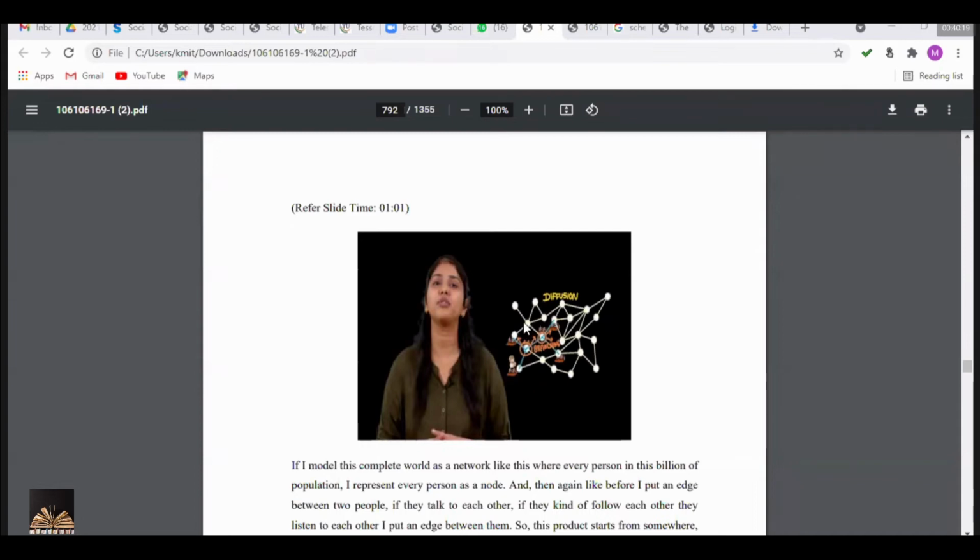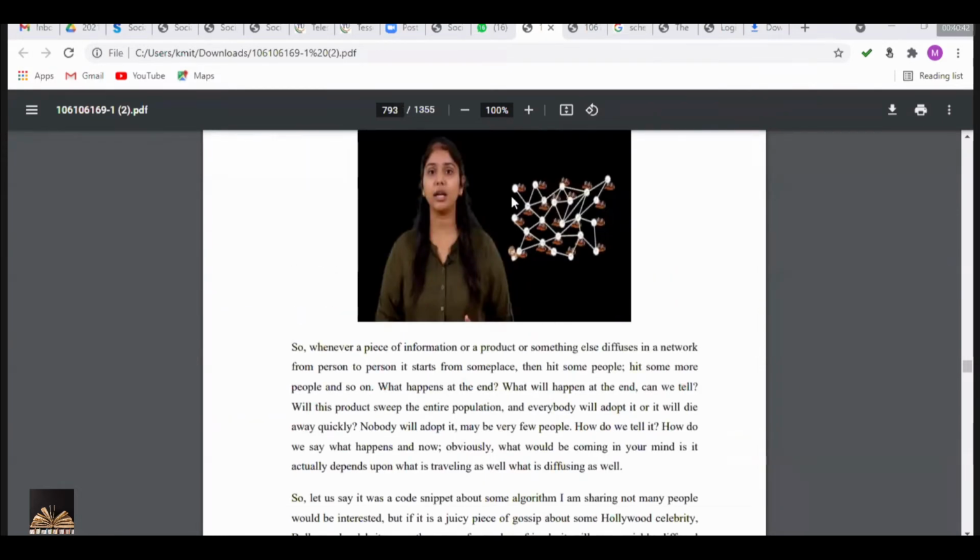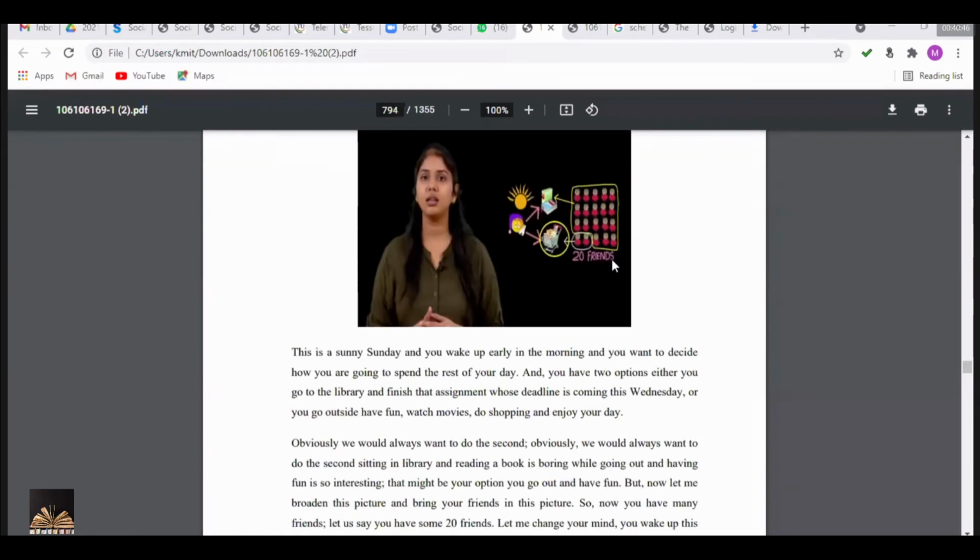If this person is making its neighbors follow, that means I buy the shoes, I make the friends buy, and they make others buy, so this is spreading all over the network. This spreading is called the diffusion in the network. Got it, guys? So how can this diffusion be modeled? The same thing here, shoes, the other people have taken in the same way, and everything was filled.